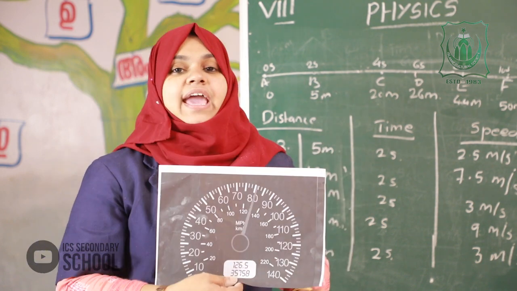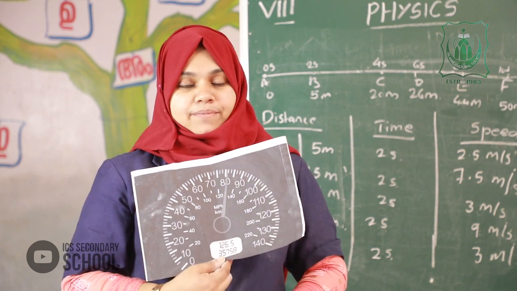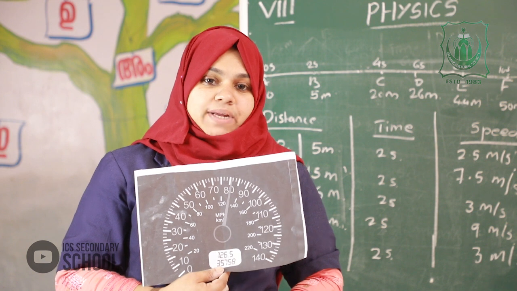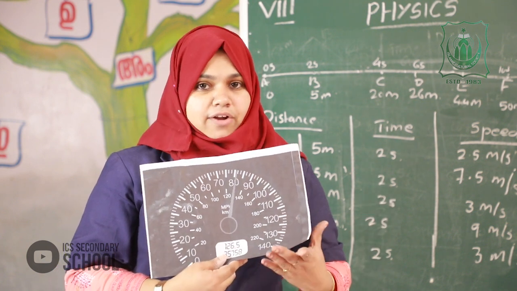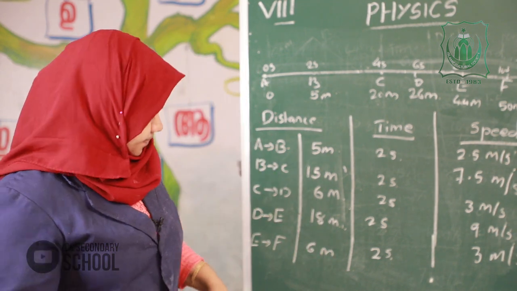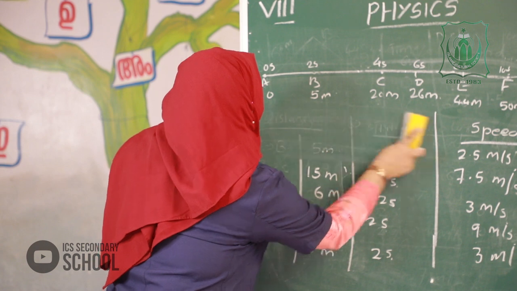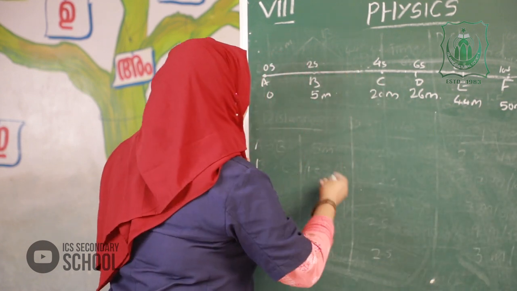Then how to find out average speed? We know that speed is equal to distance divided by time. Average speed is equal to total distance divided by total time taken. From this case, what is the average speed?